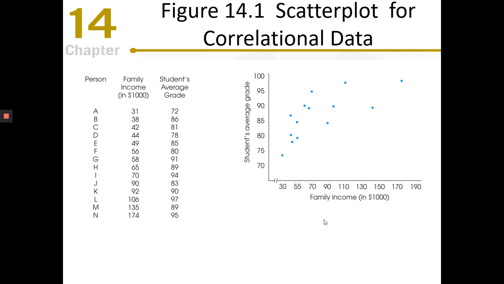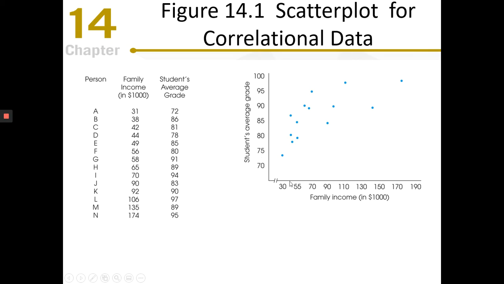And so this is a scatter plot. In a scatter plot, you are just plotting each person's scores. So family income is on the horizontal, and grade is on the vertical. For each person, you plot here for person 1, 31 and 71.